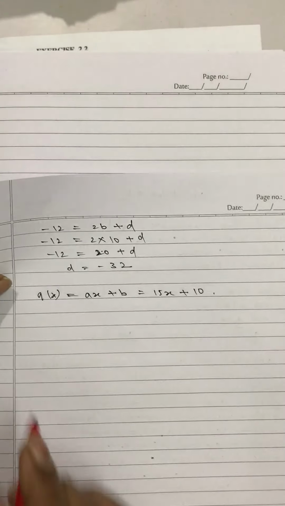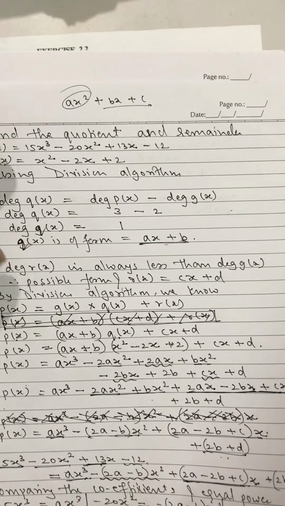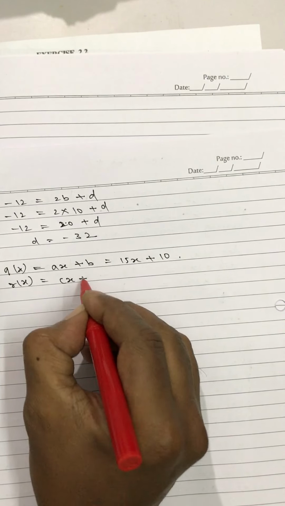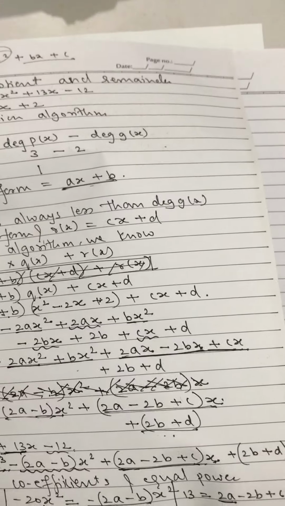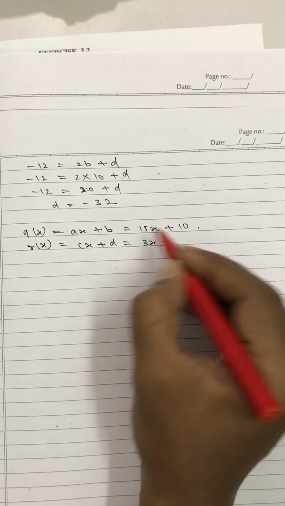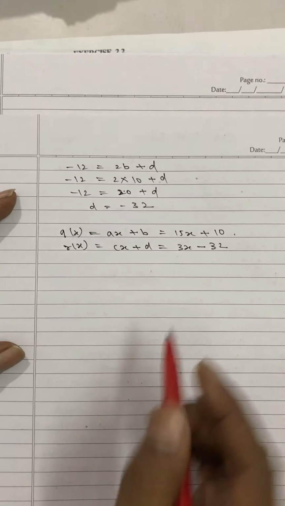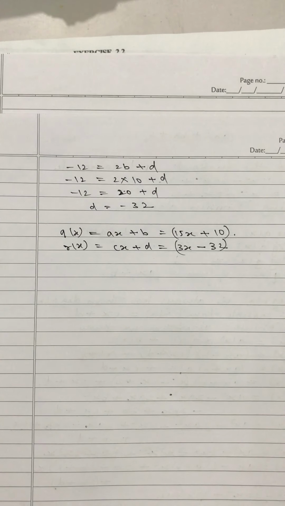This is q of x. And then we have to get r of x. R of x is of the form cx plus d. C is what we have got, 3, and d is minus 32. So these are the values: 15x plus 10, and 3x minus 32.